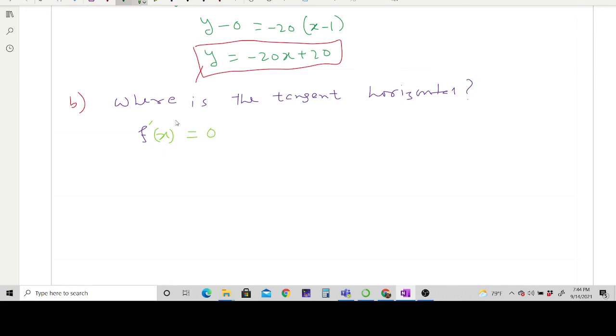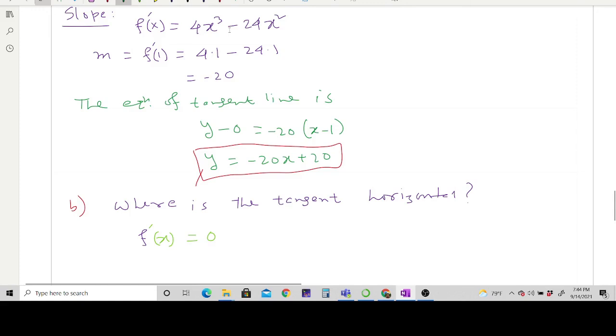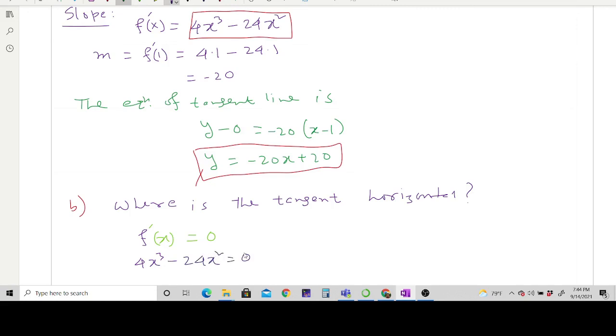So we have the first derivative, f prime of x, which is 4x cubed minus 24x squared. So we plug this in here and get 4x cubed minus 24x squared equals 0.